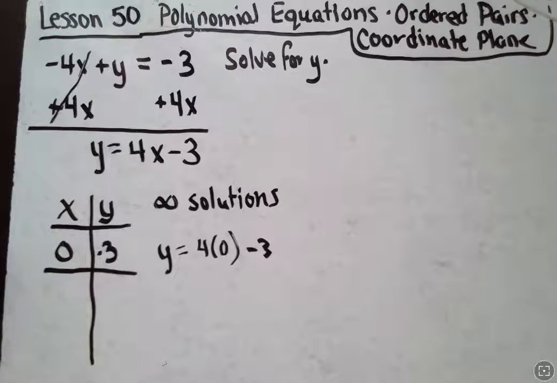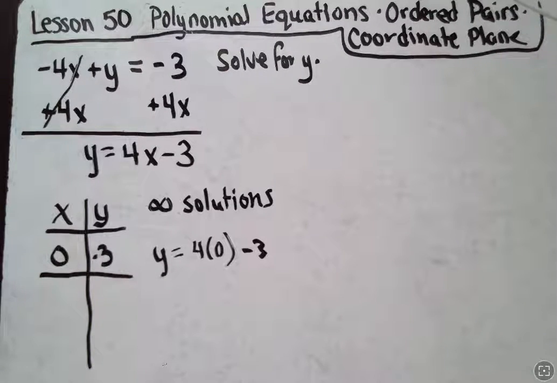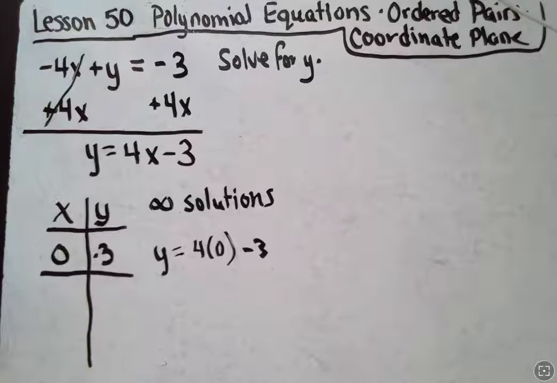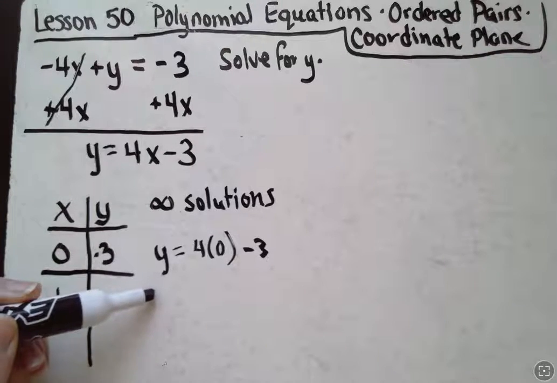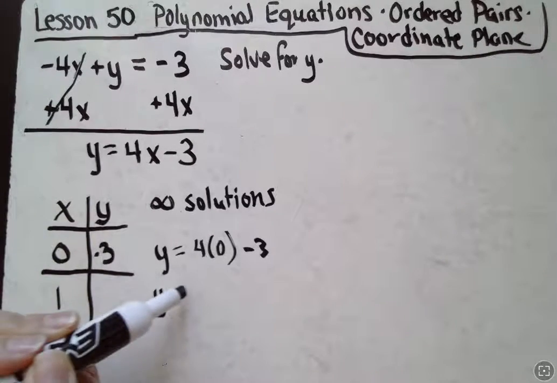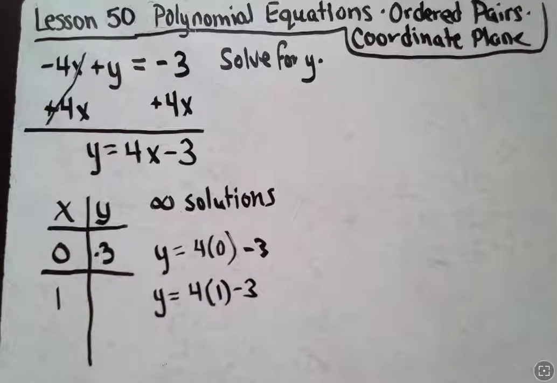So that's one solution. I could find another solution by choosing another value for x. So I could say, if x equals 1, what is the value of y? So I would do the same thing, plug in 1 for x, so I'd get 4 times 1 minus 3, which would be 1.